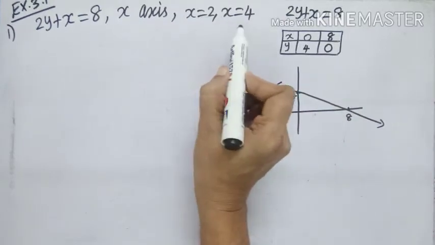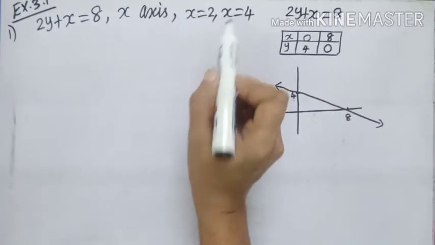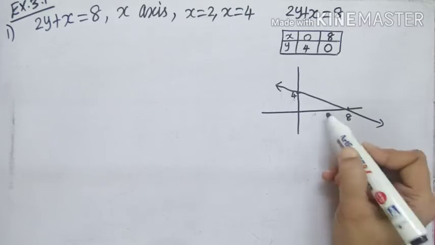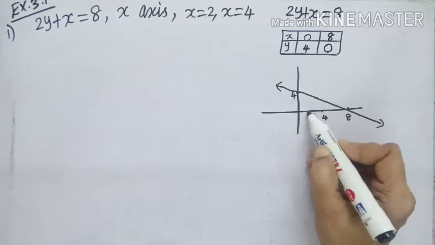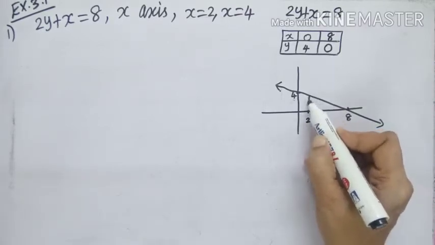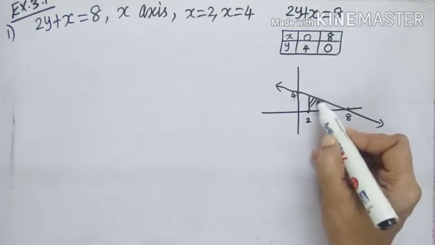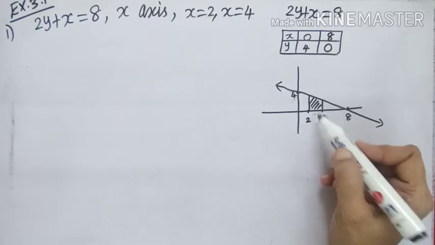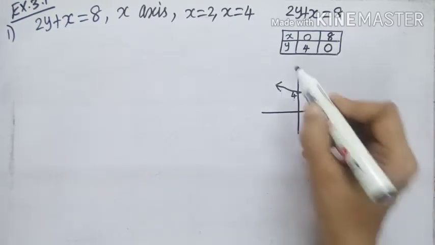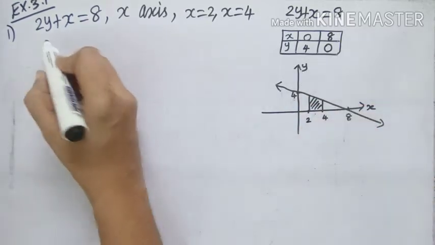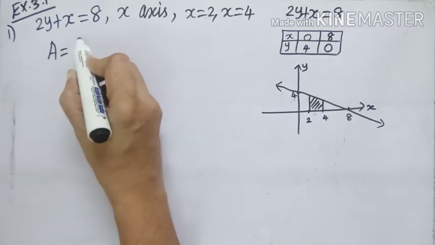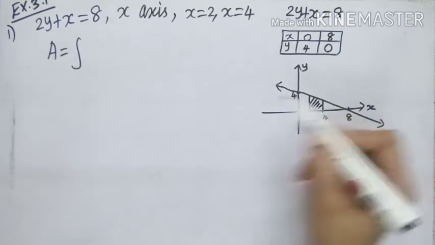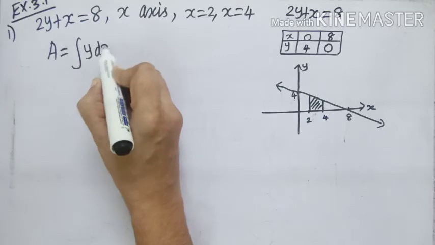What are the two limits given to us? 2 and 4. So x equal to 4 will be somewhere here and 2 will be somewhere here. So we shade; we need to find this area. Where is the shaded portion? Above the x-axis. So what is the formula? Area is equal to integral, since it is above, y dx.